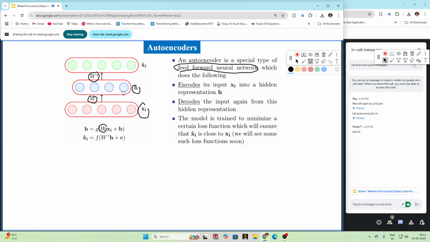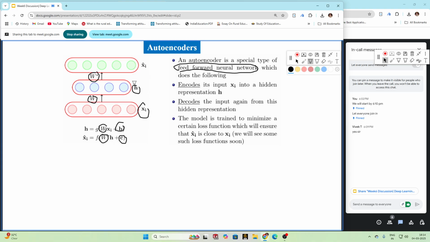The bias we use in the encoding layer is known as b, and the bias we use in the decoding layer is known as c. So we have four sets of parameters: the weight W, the weight W star, the bias b of the encoding layer, and the bias c of the decoding layer.